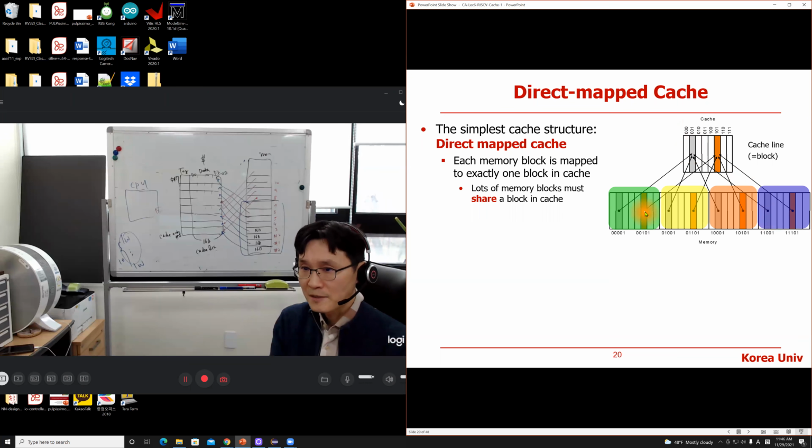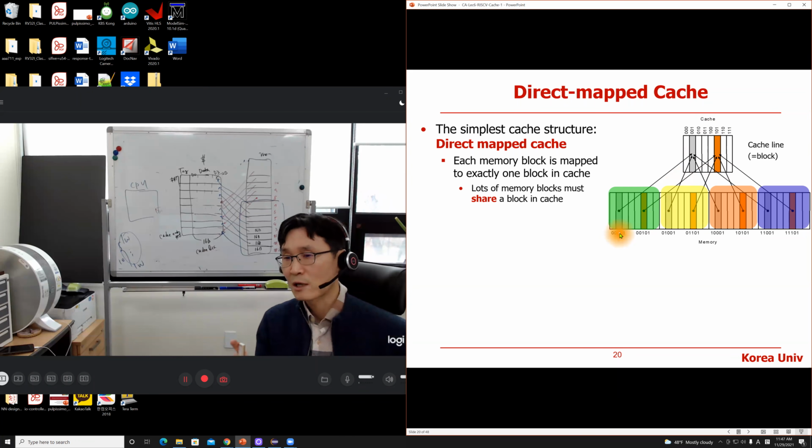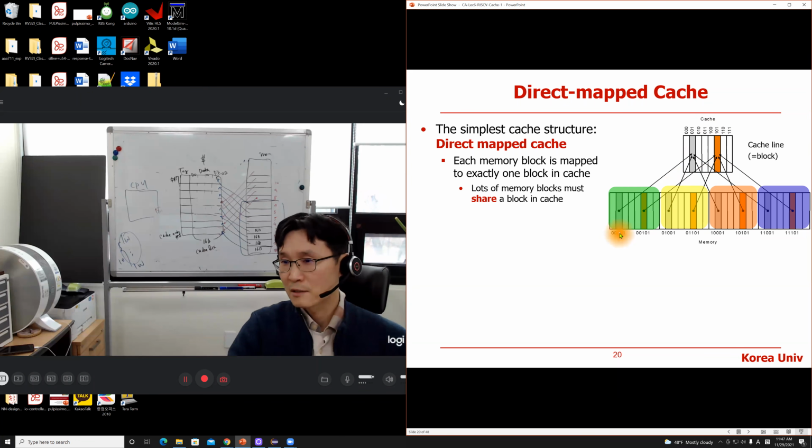And also the fifth one in green, yellow, orange, and purple are mapped to the same fifth cache entry. The message is you have to store not only data but also location information. We will talk in detail about that. We ran out of time.